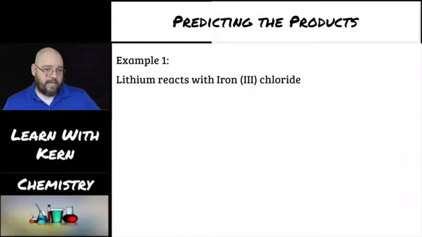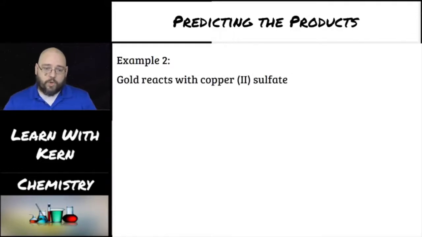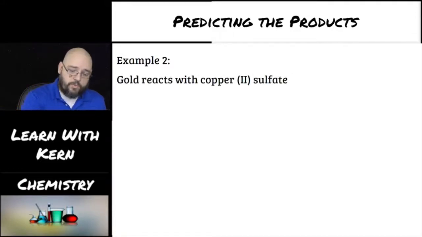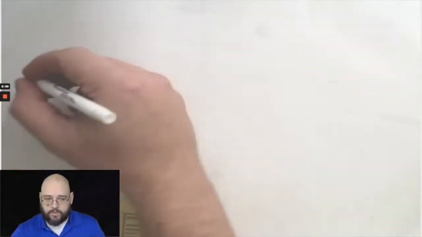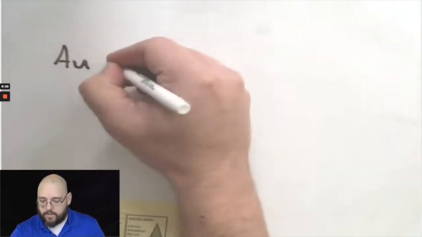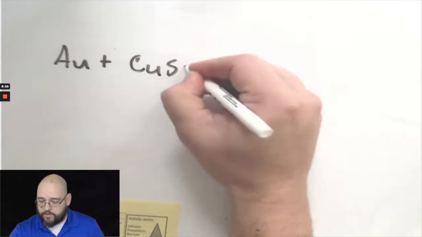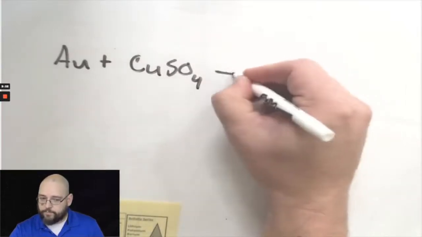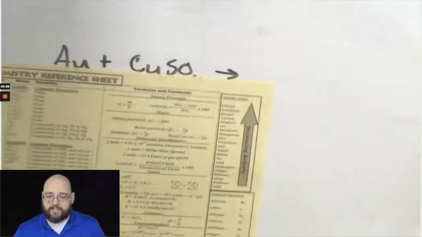Now let's look at example number 2. In example number 2, gold reacts with copper(II) sulfate. So we're going to have gold react with copper(II) sulfate to produce something. I'm going to need to look at my activity series again.